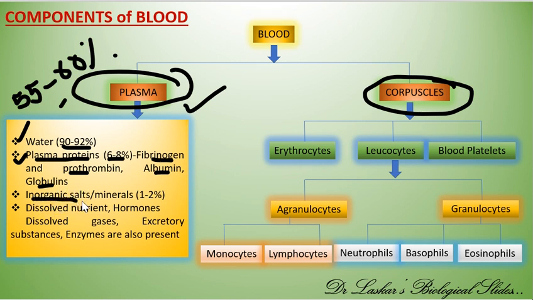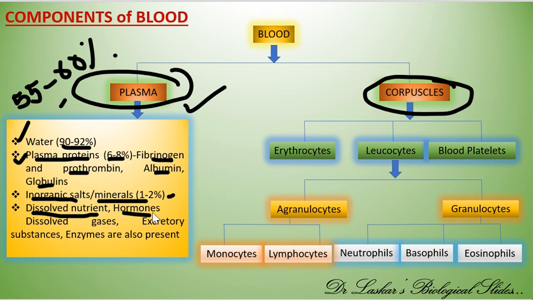Then inorganic salts or minerals form 1 to 2%. They occur as electrolytes like chlorides, bicarbonates, and phosphates of sodium, potassium and calcium. Dissolved nutrients such as glucose, lipids, vitamins, fatty acids, cholesterol and amino acids.